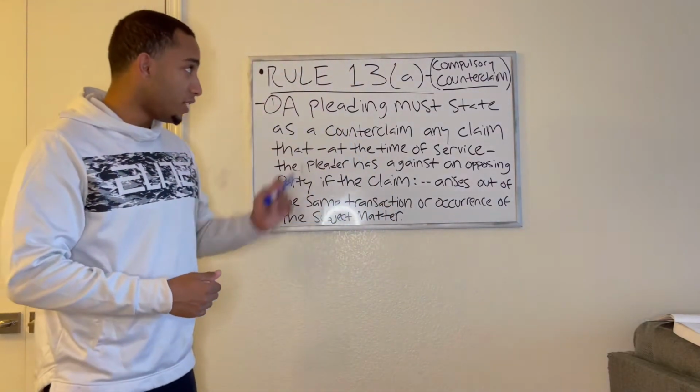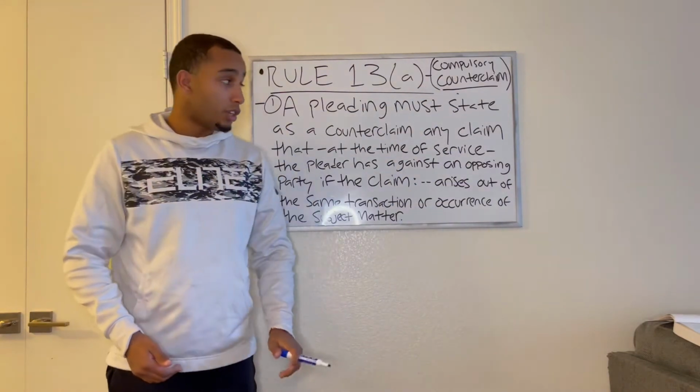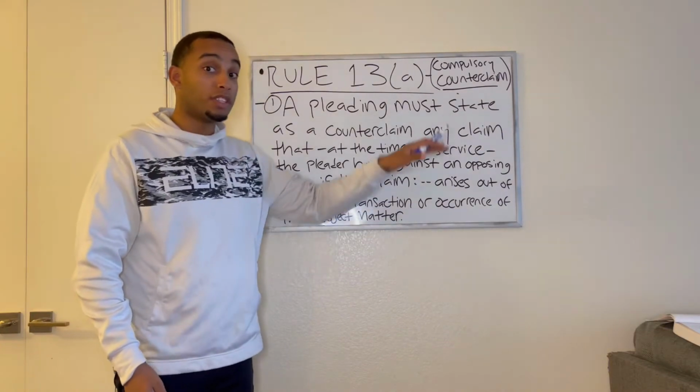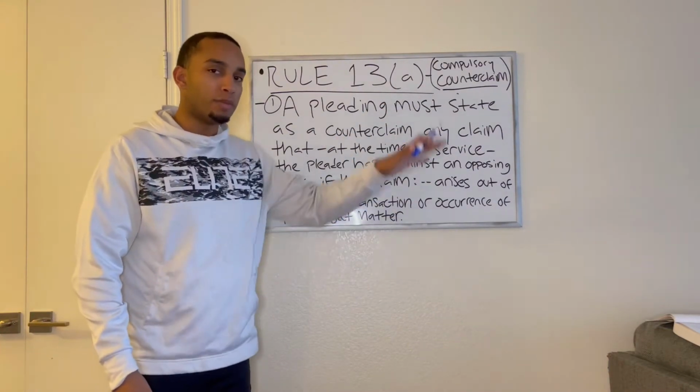So Rule 13(a), as I said, is a compulsory counterclaim. Okay? What's important about this is basically the definition here. We're going to walk through the definition one step at a time because it's really important to dissect exactly what this means.